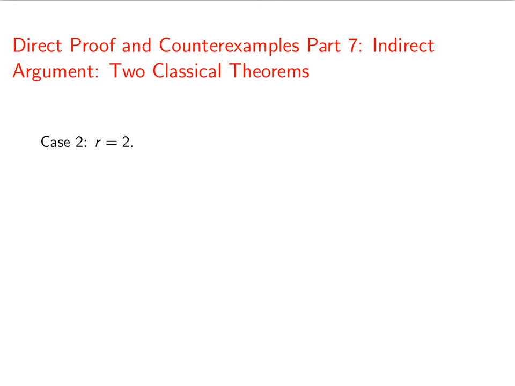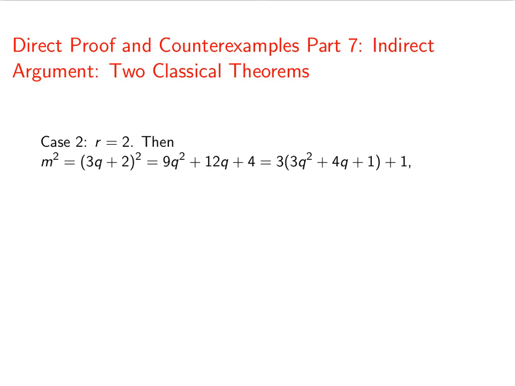In the second case, we're going to say that r is equal to 2. Then we'll do the same kind of thing. We take m squared, and write it as (3q plus 2) squared, multiply all that out, and factor out a 3. And when we do that, again, there's a leftover 1, so that proves then that m squared is not divisible by 3.